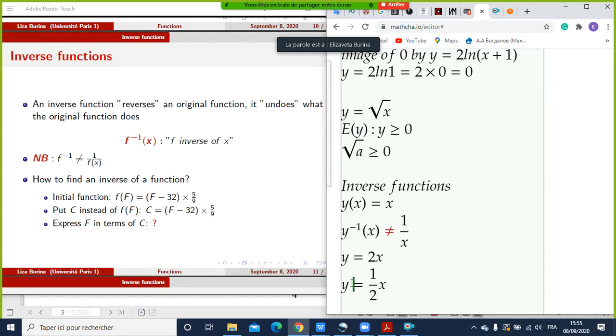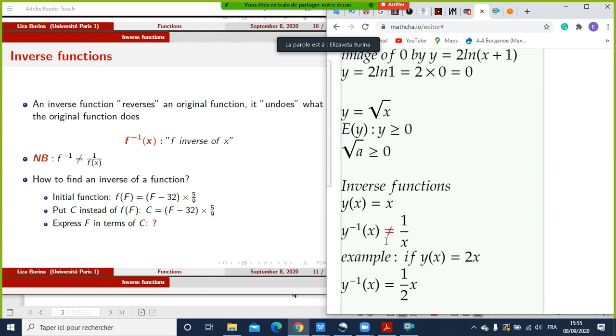So the correct way to write it would be this. Let's write that it's an example.